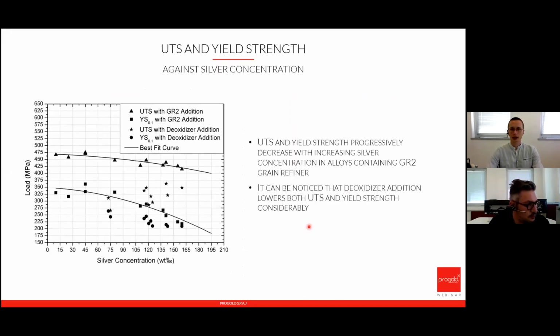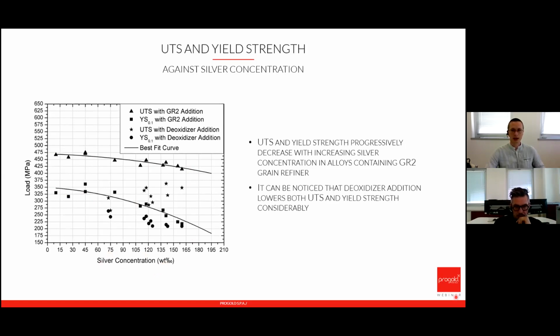Here we are talking about the UTS, so ultimate tensile strength, and the yield strength. So we can see the trend plotted for these alloys with grain refiner. Both the mechanical properties, the UTS and the yield strength, are decreasing with an increasing content of silver.